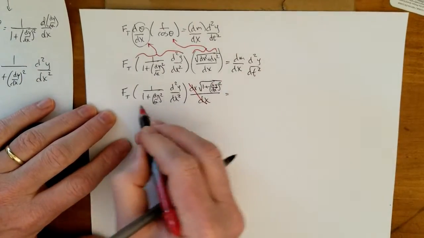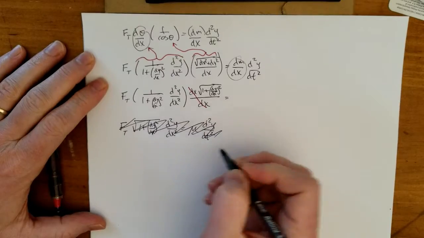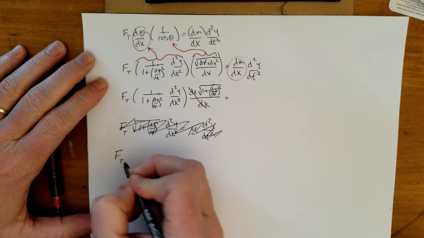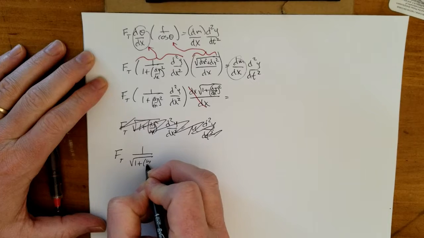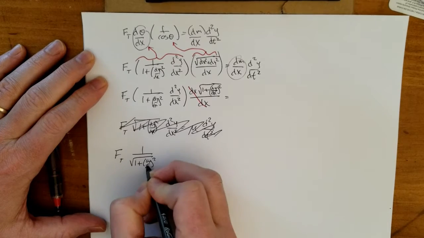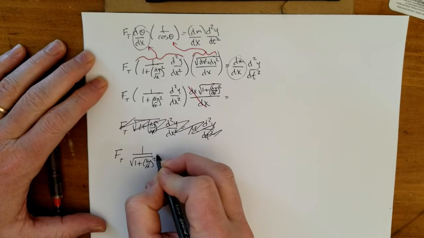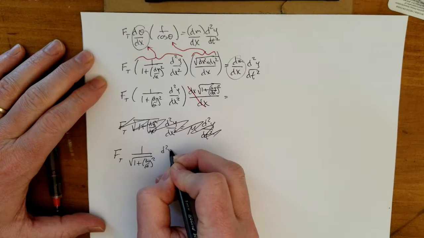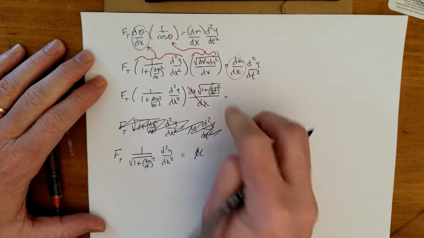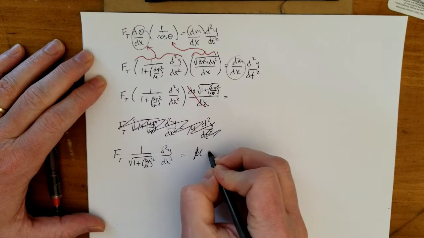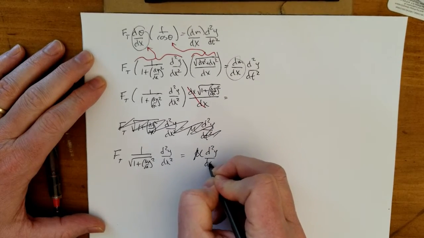The dx's cancel out with some of that, so I'm left with the tension times 1 over the square root of 1 plus dy over dx squared times d squared y dx squared is equal to our linear density times d squared y dt squared.